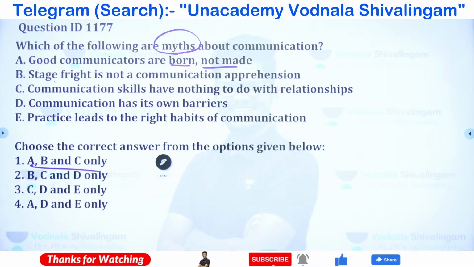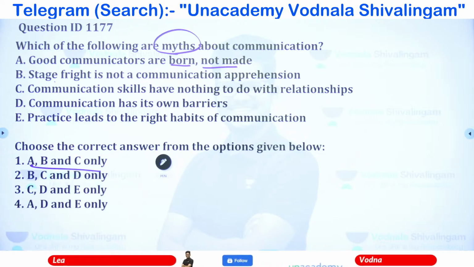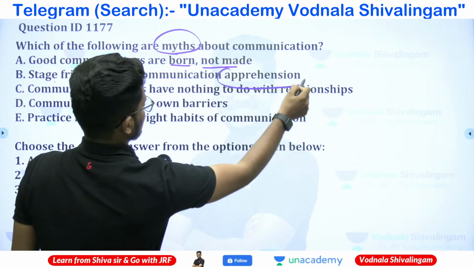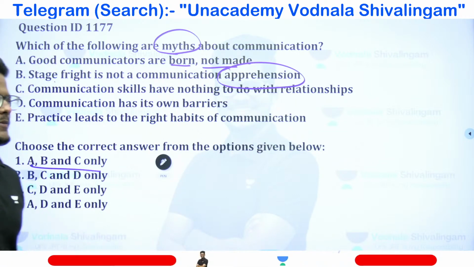Stage fright is actually a communication apprehension. Because of the fear, we are not able to communicate properly, and it will not increase communication. Actually, it will be stopping the communication.